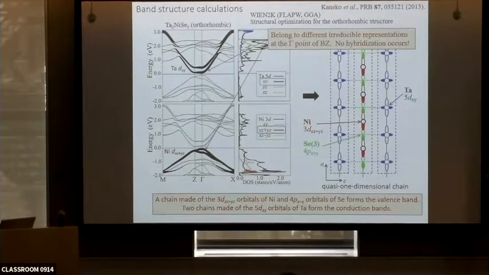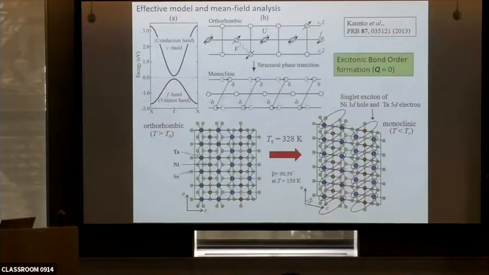Okay, and from that calculation, we make the model. This is the model. We have a nickel chain and two tantalum chains, and we have a non-degenerate valence band, which is nickel, and a doubly degenerate conduction band, because we have two chains. We also introduce a Hubbard-like model, with on-site Coulomb interaction and inter-site Coulomb interaction.